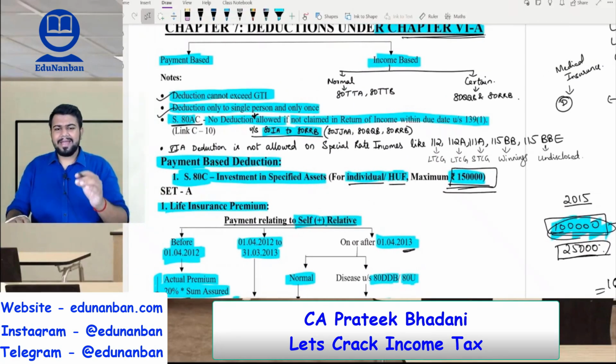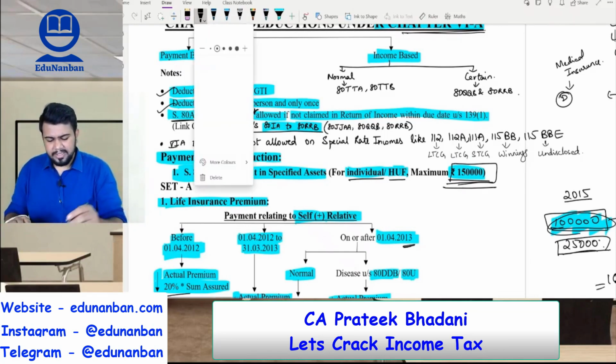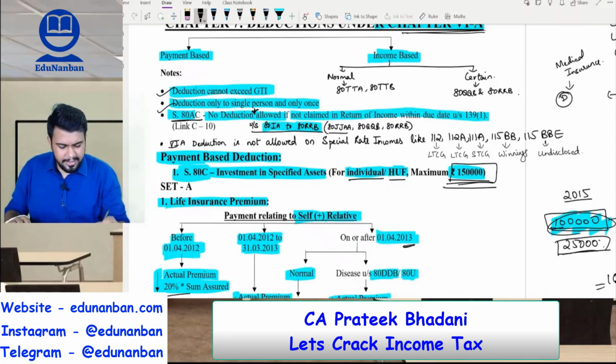Now, there is section 80AC. What does 80AC tell? No deduction is allowed under sections 80IA to 80RRB, that is, the income based deductions. In your syllabus, it is 80JJAA, 80QQB and 80RRB.